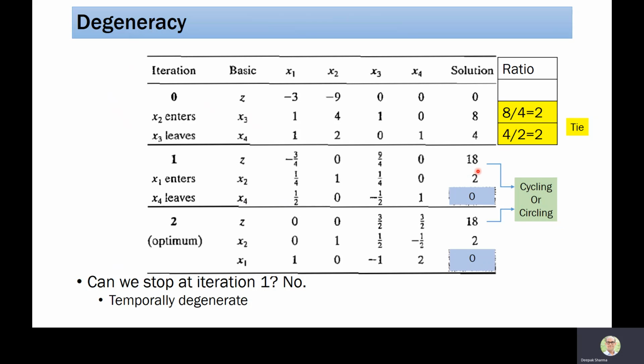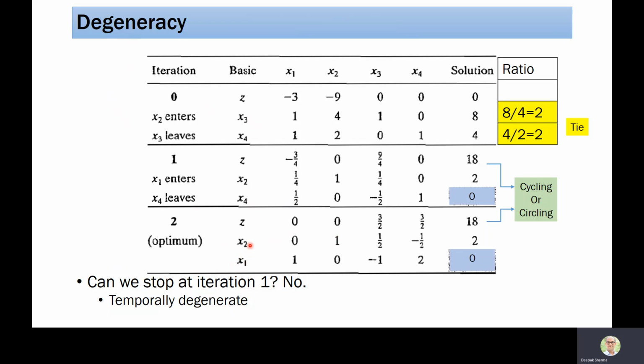Now here there is an interesting thing: in iteration 1 and 2, we get the same optimal solution. In iteration 1, X2 is 2 and X1 was a non-basic variable, so X1 was 0. When we move to iteration number 2, X1 has come into the table.